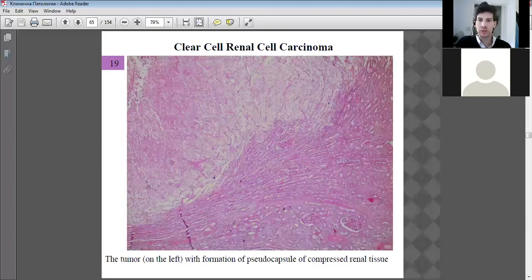Whereas if we go to the bottom right hand side, we can still see some examples of fairly normal glomeruli with a regular Bowman's capsule, and of course the diffusible membrane looks pretty intact. But as we get closer to the tumor, you can see the degradation or the collapse of the glomeruli. So this tumor is invasive into the tissue. It's destroying the normal function of the tissue. It compresses the renal tissue, in other words.